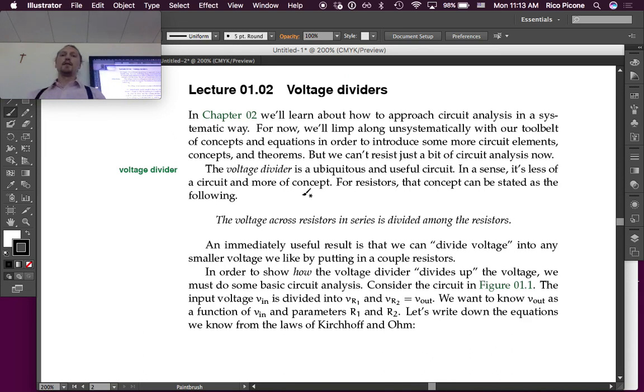So say we've got 10 volts, we might want 4 volts. It's pretty straightforward to use a voltage divider to get there. If you have 10 volts and you want 20 volts, not as easy, but you can't use a voltage divider, at least. An immediately useful result, though, is that we can divide voltage into any smaller voltage we like by putting in a couple resistors.